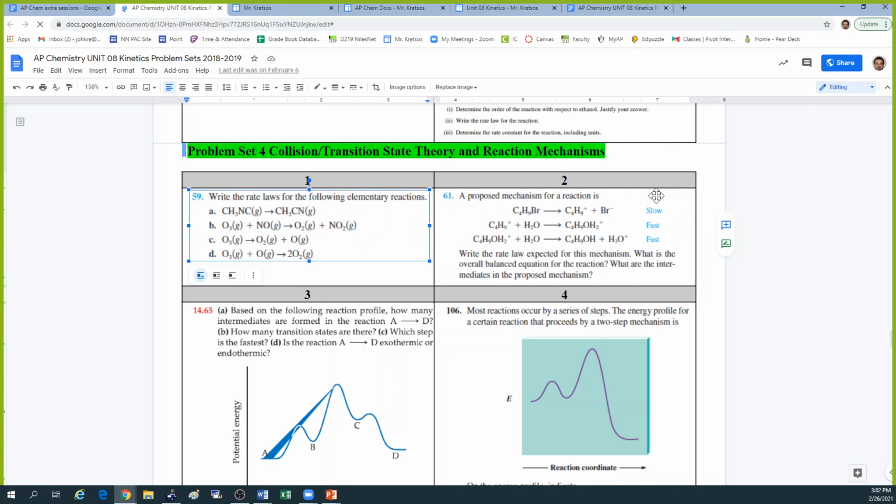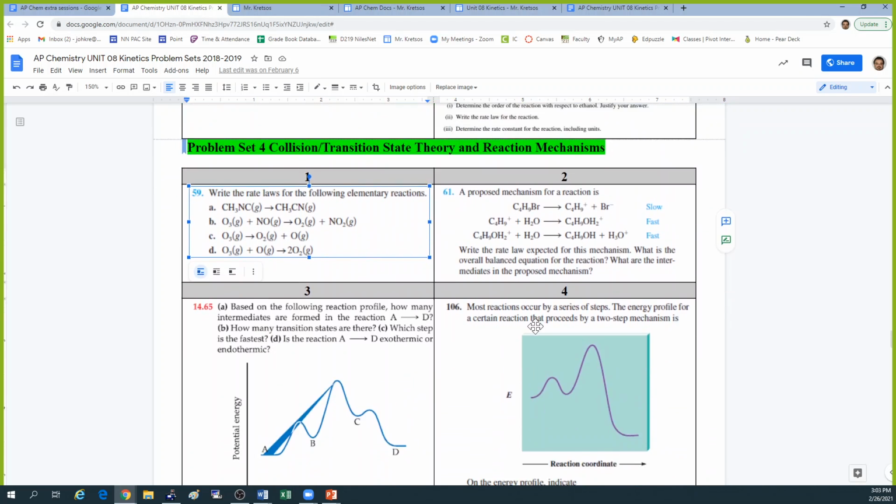So here's where you take the slow step, write the rate law, and if there's no intermediates, you're good. If there's intermediates, you have to take the step of substitution. But here, since this is the slow step, it's as simple as rate equals K times this to the first power. And then it asks for things like what's the overall equation, what are the intermediates, etc.